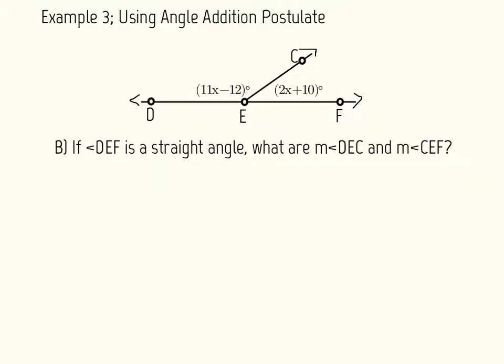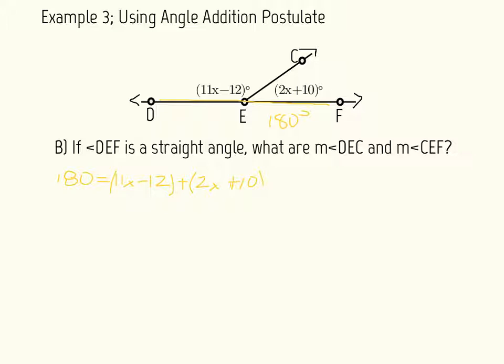And this last one, we know that DEF is a straight angle, which means 180 degrees. So that means I can say 180 is equal to the two angles added together, which would be 11x minus 12 plus 2x plus 10.